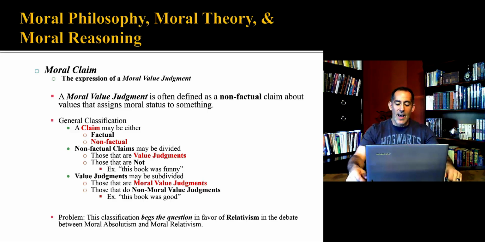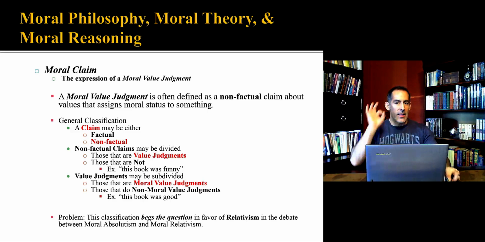And then those that are value judgments may be subdivided as a moral value judgment versus a non-moral value judgment, where we could say this book was good, would be a non-moral value judgment. We're placing a value on it, but it's not a moral value. Okay, so under the claim, non-factual, and moral value judgment falls under the value judgment. So that's kind of how the structure works.